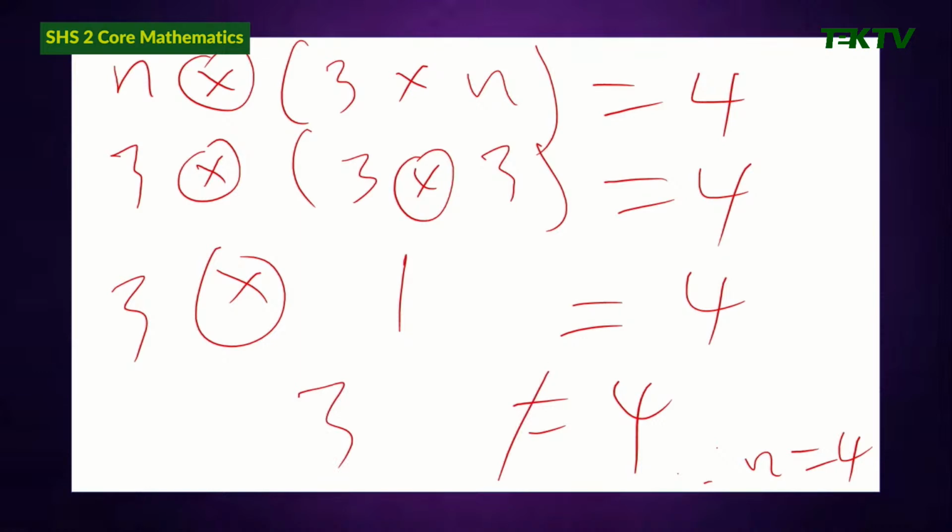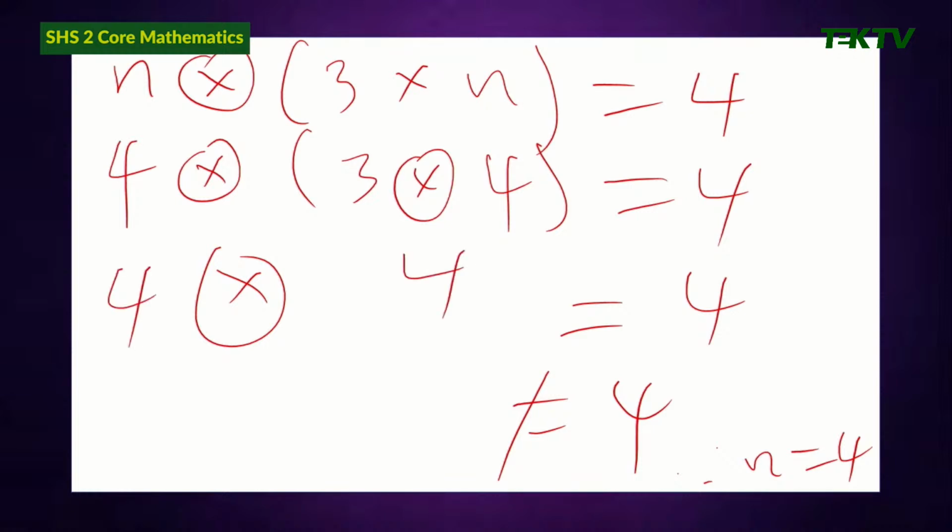We check that of 4. 3 times 4 on the table is 4. And now 4 times 4 is 0, which is not the same as 4. It will not work. You check with the last element, which is 6.